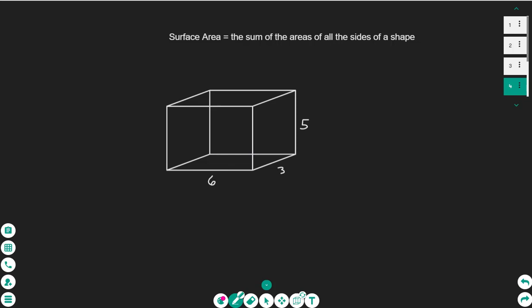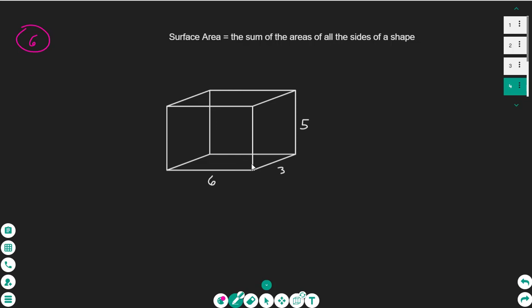Let's do it. Well, you might start by just counting up how many sides you have. You have the bottom, the top, the back and the front, and the two sides. So you have 6 sides all together for this shape. So maybe just throw that up in the corner. We need 6 different sides here, 6 different areas.